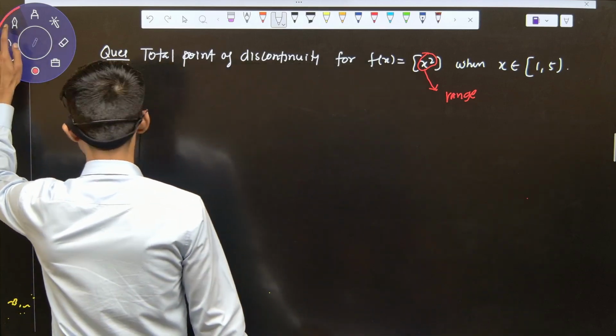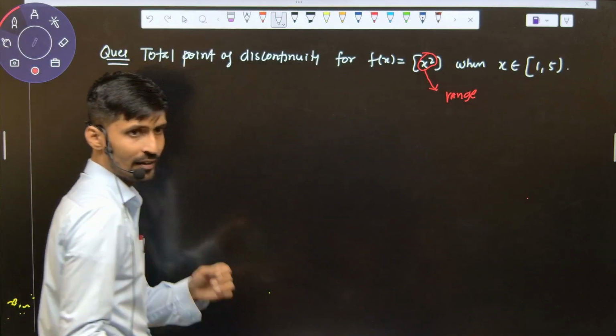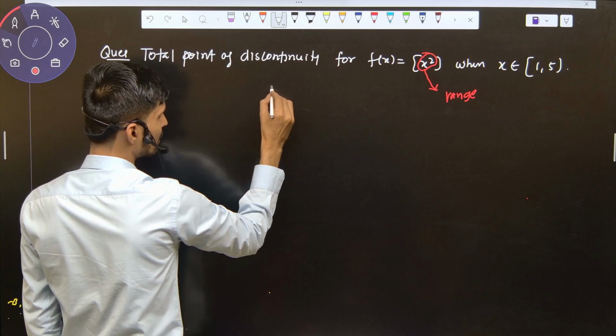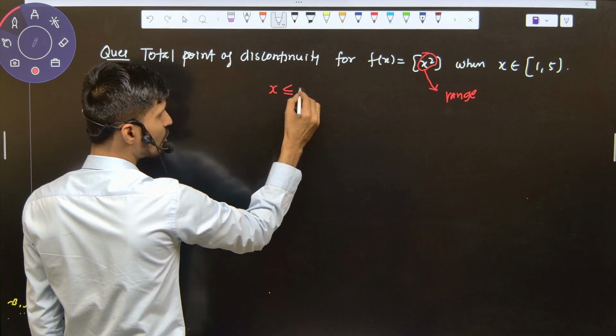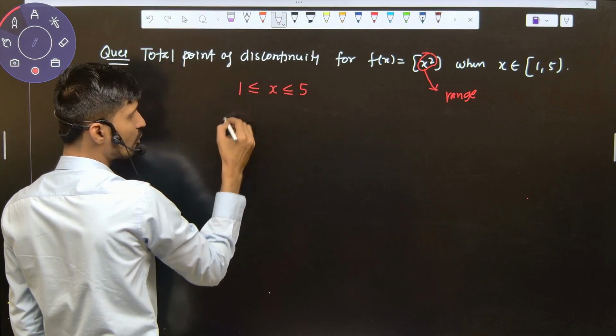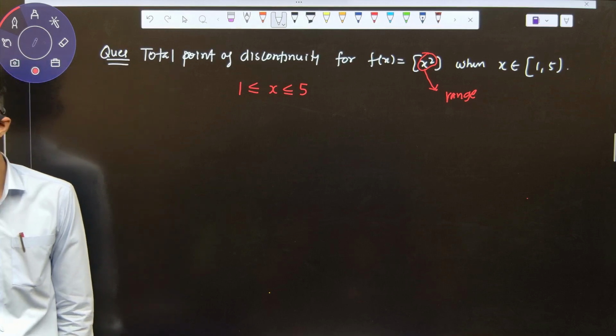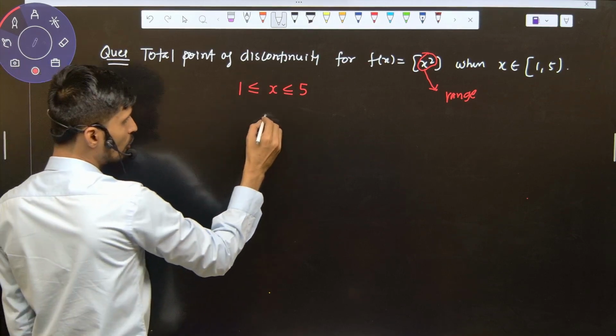And here you can see x is between 1 to 5. It means we can write x is less than or equal to 5 and greater than or equal to 1. So can you tell me, if x is between 1 to 5, what will be x square? 1 to 25.